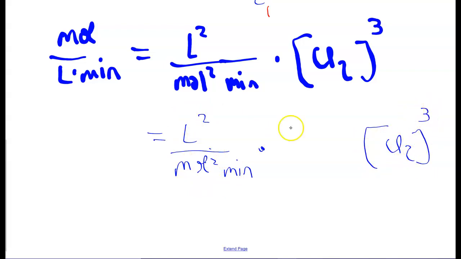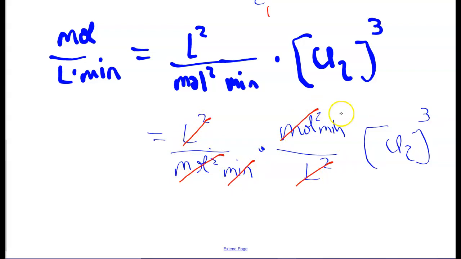So that means I'm going to have to multiply by moles squared minutes over liter squared. When I do that on this side, liter squared cancels with liter squared, mole squared cancels with mole squared, minutes cancels with minutes, everything becomes 1, and we just have on this side Cl2 cubed.